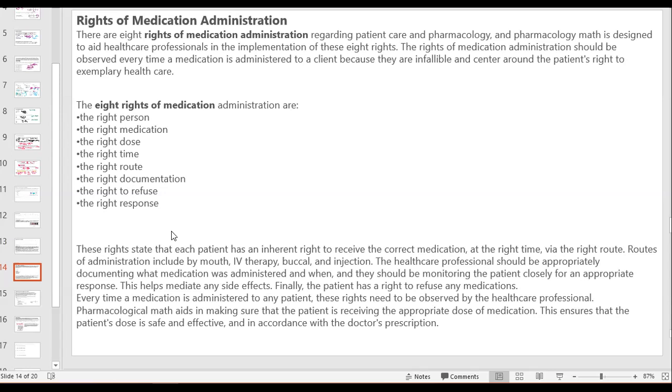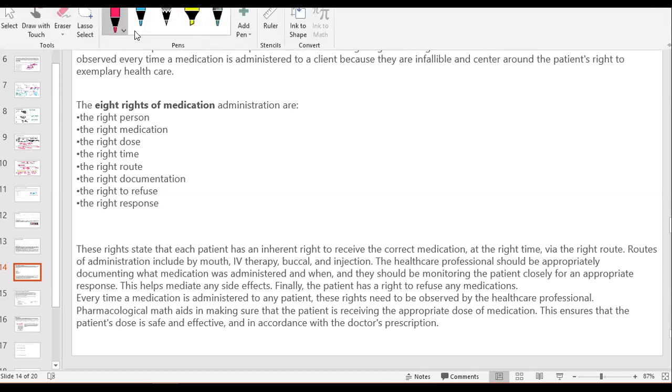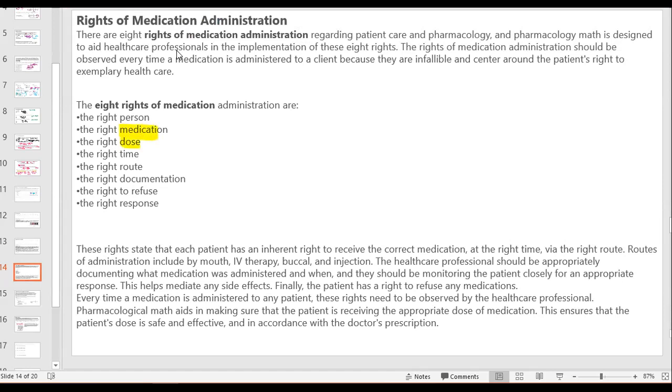The patient has the right to refuse and the right to respond to it, okay? But the main ones that we're going to focus on ourselves are our medication, our dose, our time, and our route, because that's where we're going to be doing a lot of the calculations ourselves.